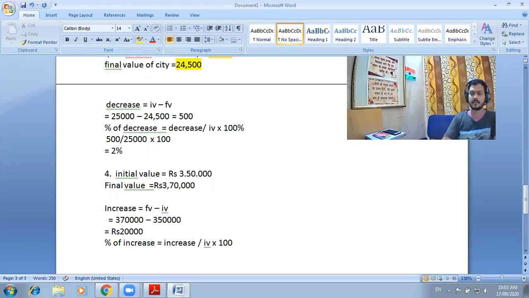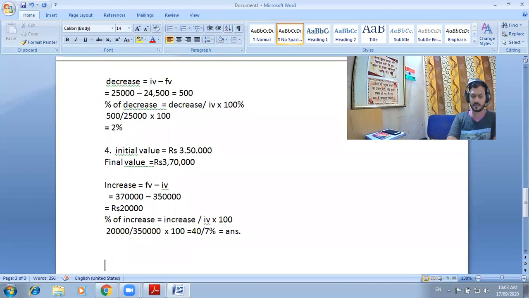So the increase value is 20,000 divided by the initial value 3,50,000 into 100, and we can simplify our numerical value and get the final value, that becomes 20,000 divided by 3,50,000 equals 40 by 7 percent. That is our final value, and you can also write it in decimal form. It is your task to convert it into decimal.